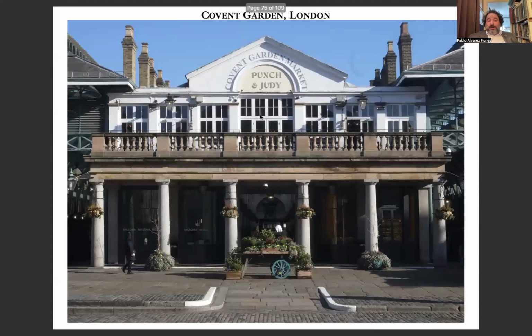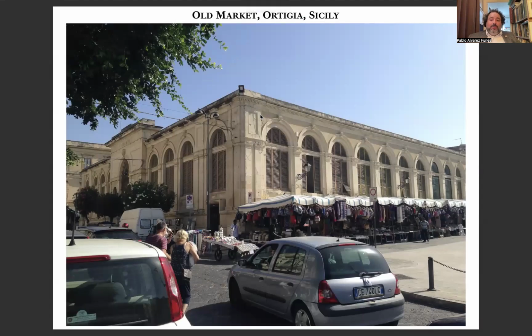And now we're coming to the south, where markets would be built upon the same hygienistic criteria as these other ones in France and London, but in a fully traditional way.